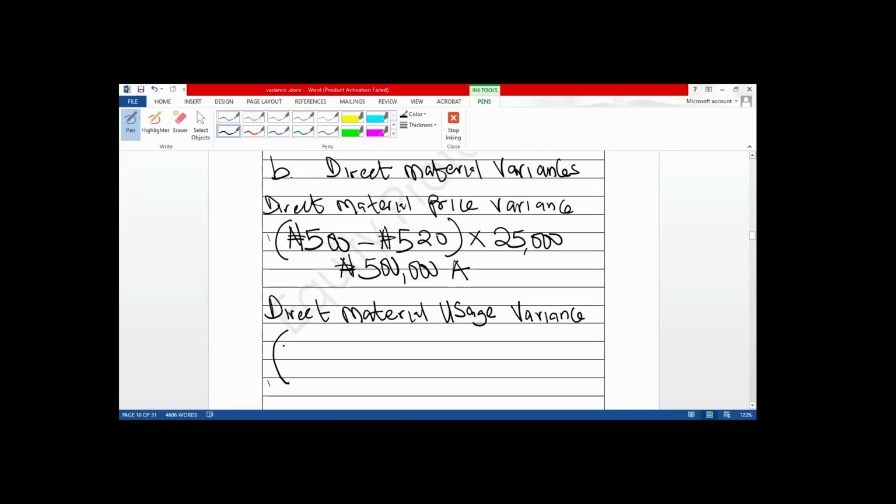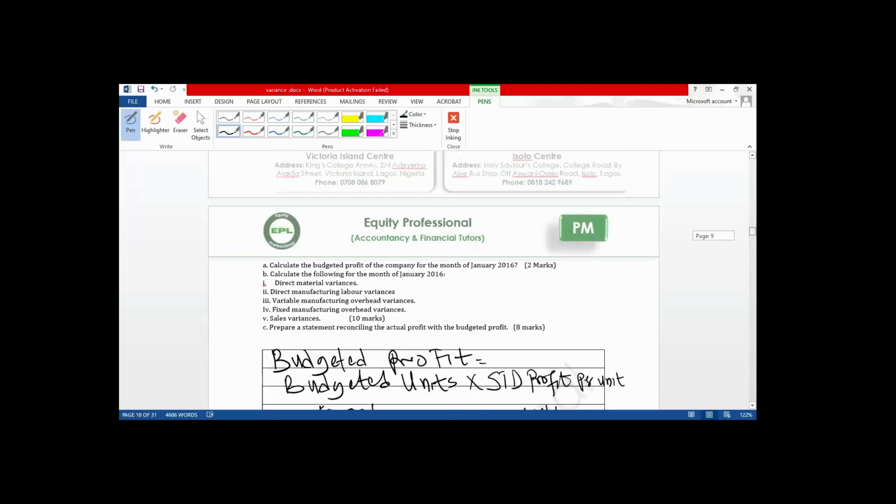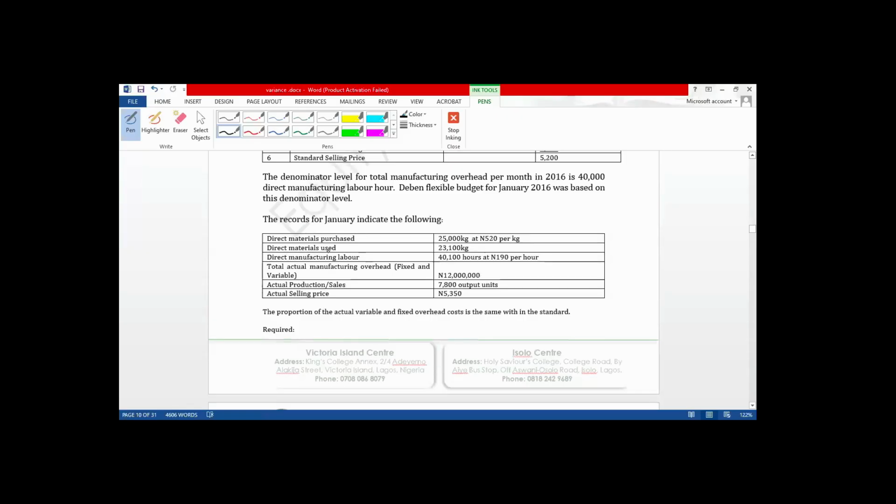Look at it: 7,800 multiplied by 3 kg gives 23,400 kg. That is the standard material required for actual production. Minus it from actual material use. Now go to the actual table. Direct material used, 23,100 kg.